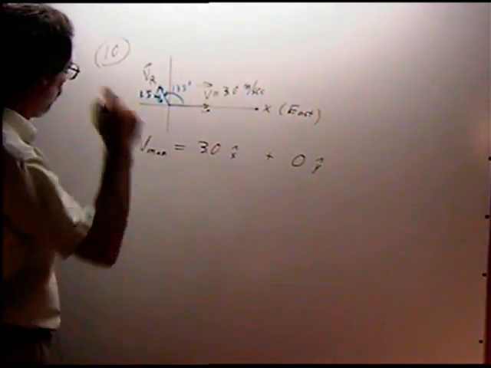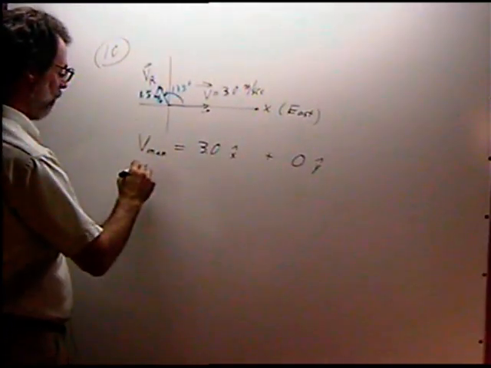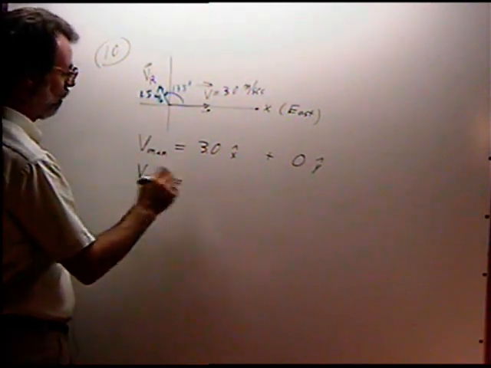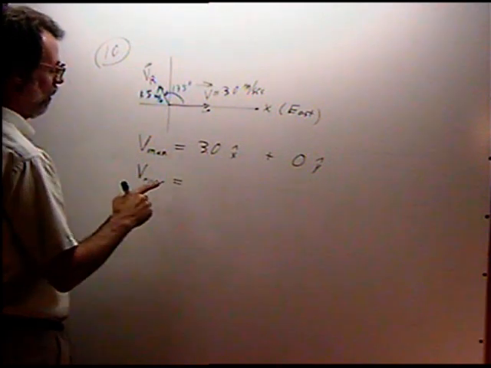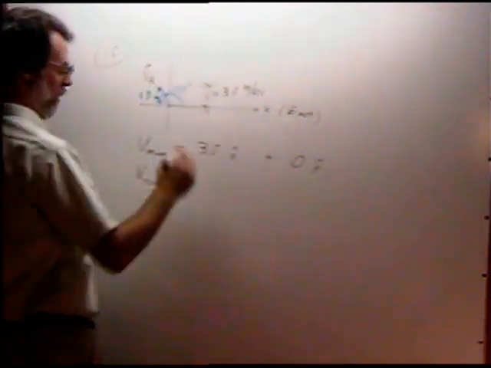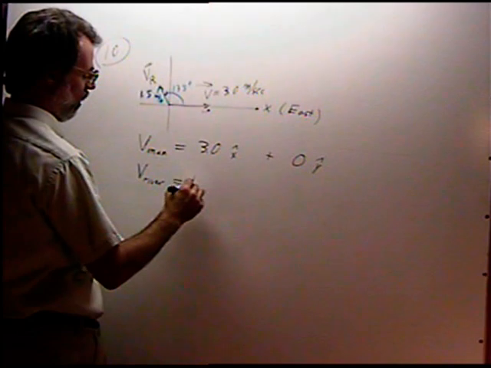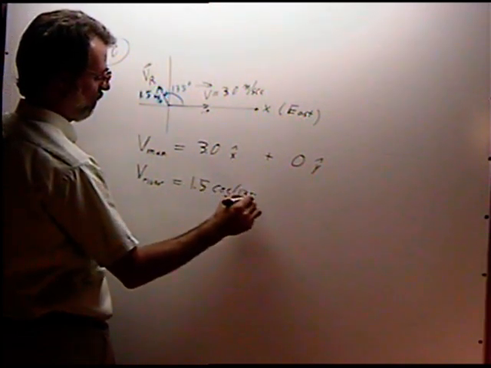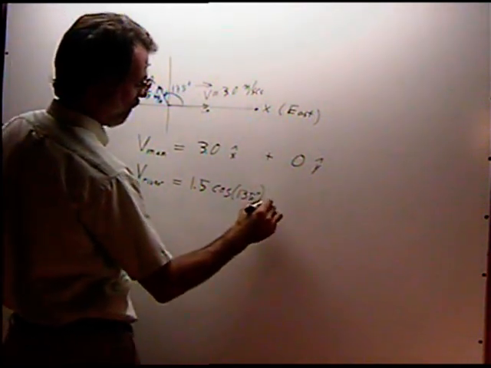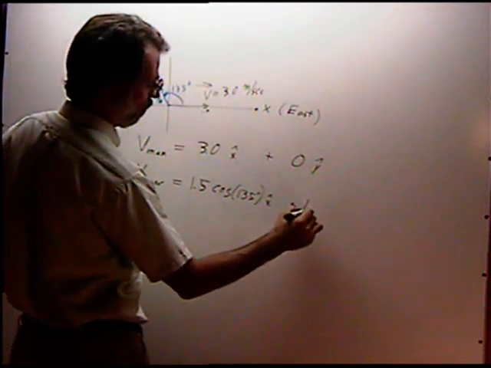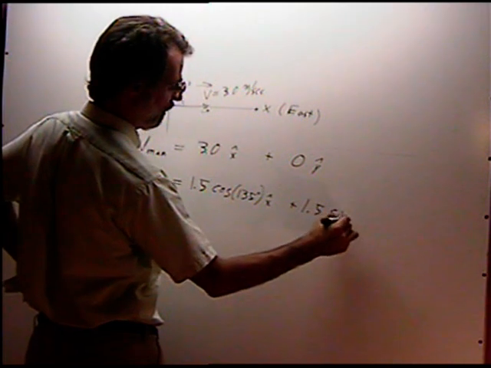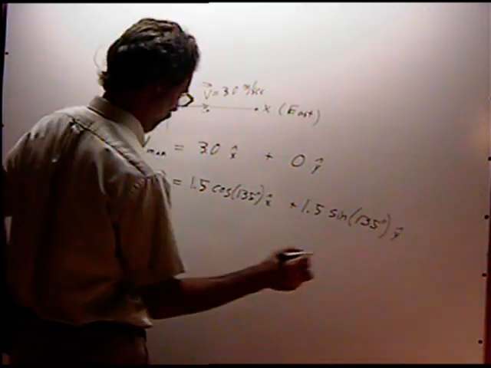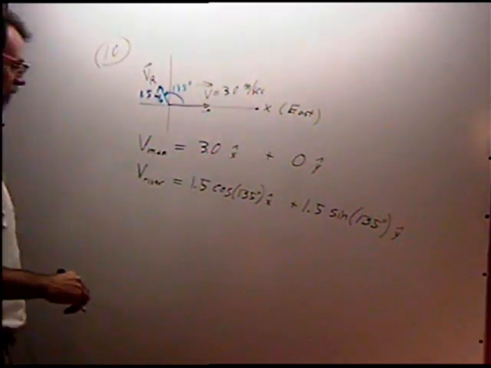The velocity of the river is 1.5 times the cosine of 135 degrees in the x direction, plus 1.5 times the sine of 135 in the y direction.